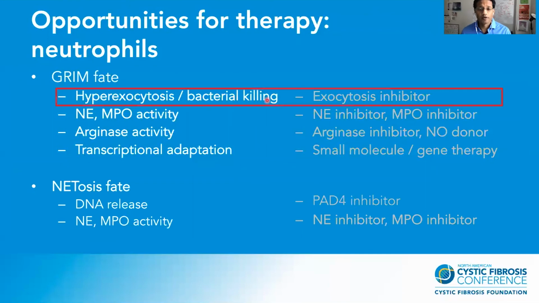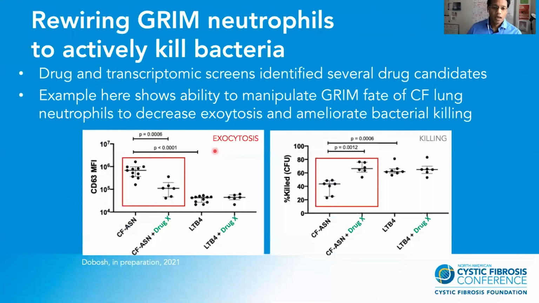So I'm going to illustrate a little bit here what we did recently with regards to exocytosis inhibitors, and maybe proof of concept for transcriptional modulation of the greens. This is part of an ongoing study funded by the CF Foundation, where we're screening for new molecules that are going to be able to promote killing by the green neutrophils.